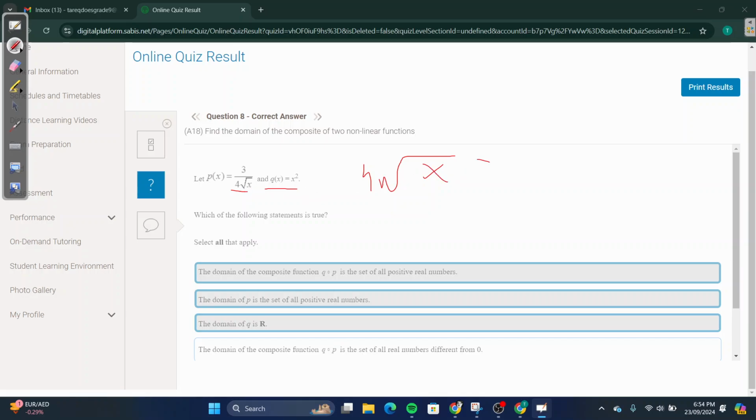So it has to be greater than 0. If it's less than 0, that's also undefined because you have the root condition here. X cannot be less than 0 and x cannot be 0 because it's in the denominator. So it always has to be greater than 0.